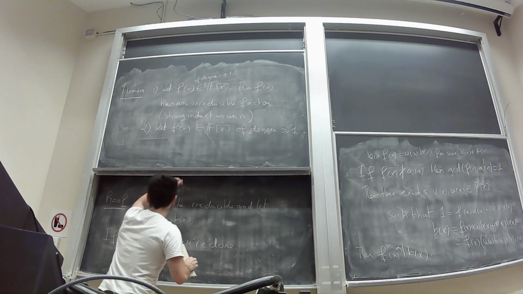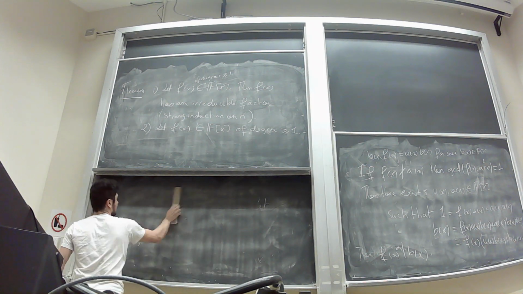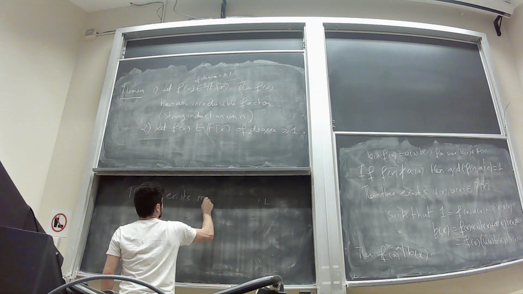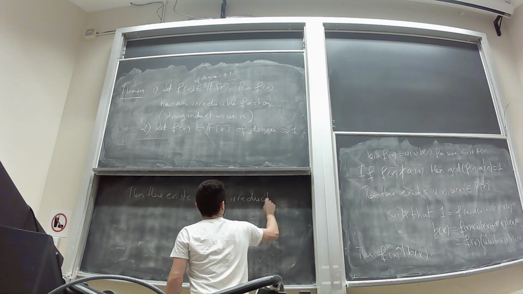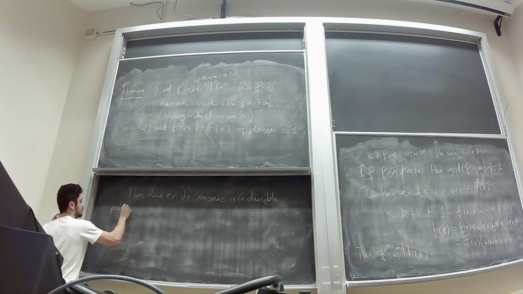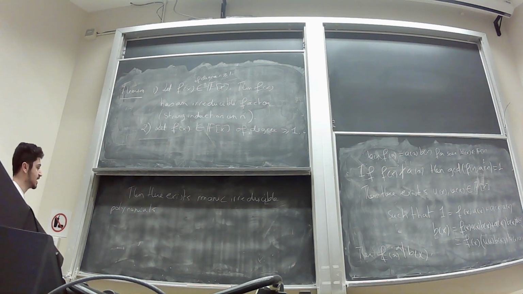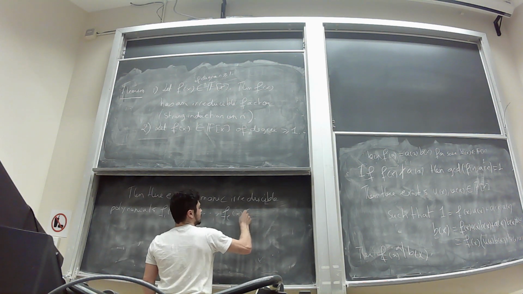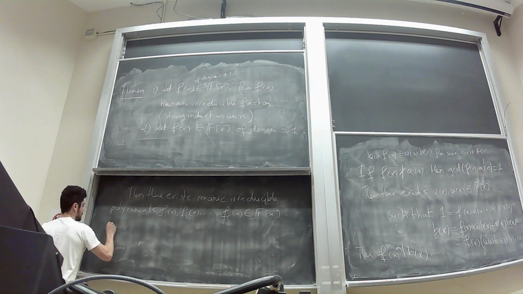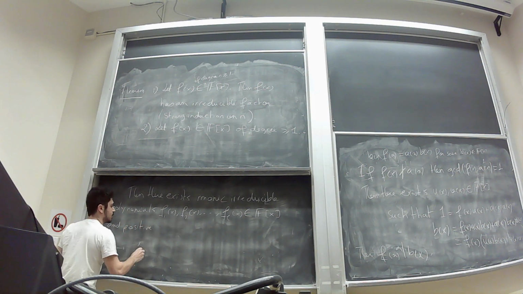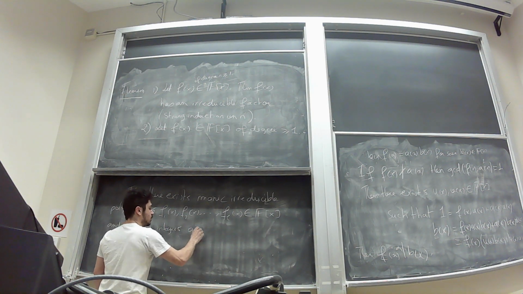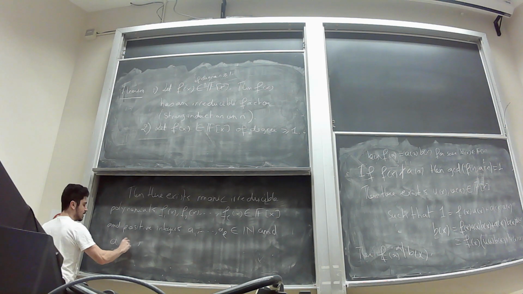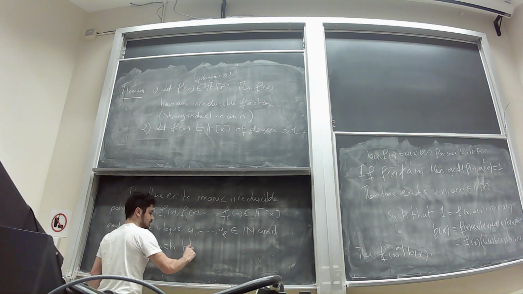Then there exist monic irreducible polynomials, let's use L, say, f1(x), f2(x), ..., fl(x) in F[x], and positive integers a1 up to al in N, and an element a in F star, such that, now what does this one look like?